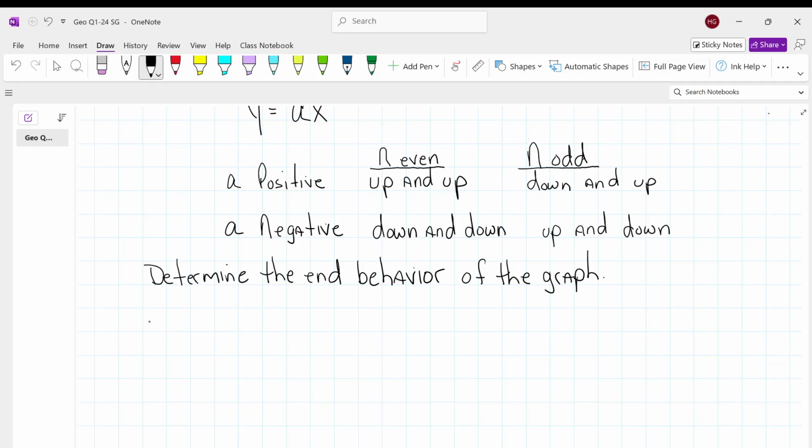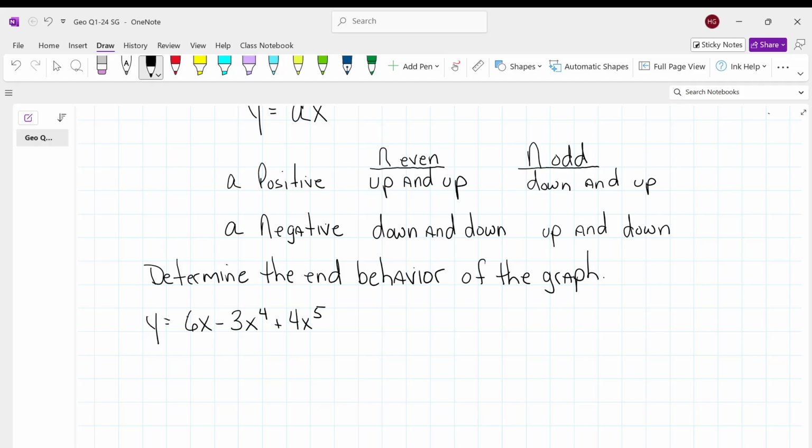So if you were asked to determine the end behavior of something like y is equal to 6x minus 3x to the fourth plus 4x to the fifth. Ideally, you would write this in standard form, but you don't need to. What you need to do is identify what the leading coefficient would be.